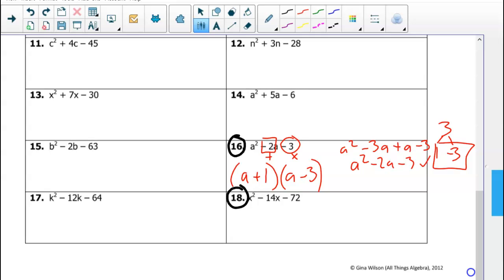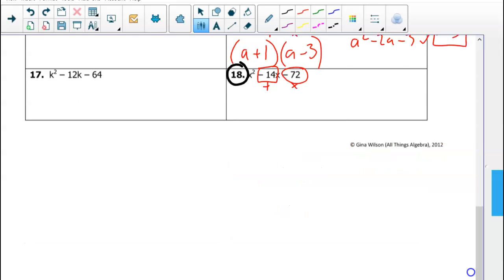The last one we're going to try is number 18. I need two numbers that multiply to be negative 72, but add to be negative 14. 72 has a lot of factors, so any number that has a lot of factors, if you don't know them all off the top of your head, I would definitely advise making your factor tree, just to make your life a little easier to see them all written out.